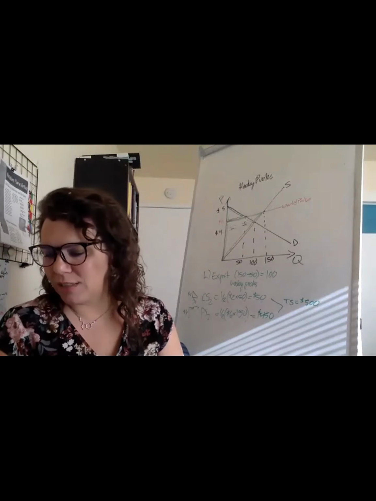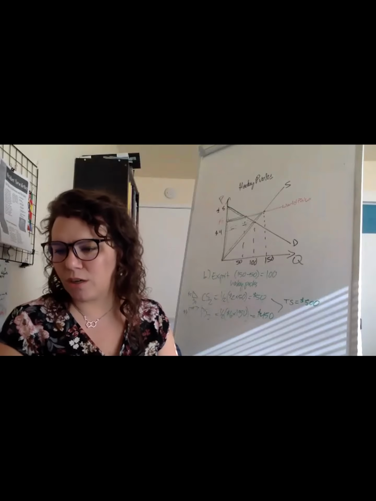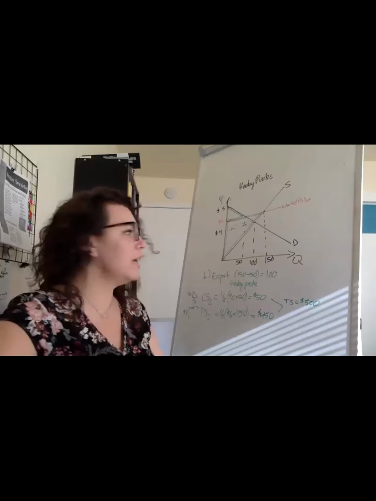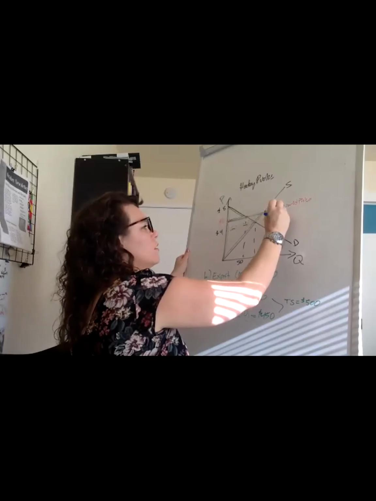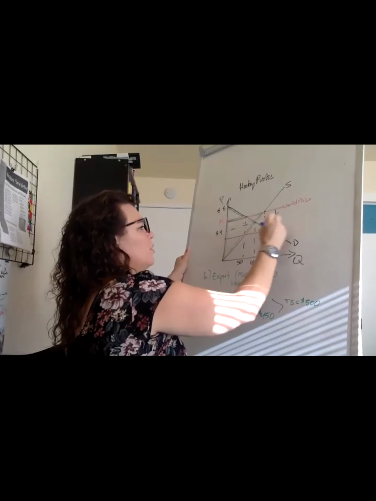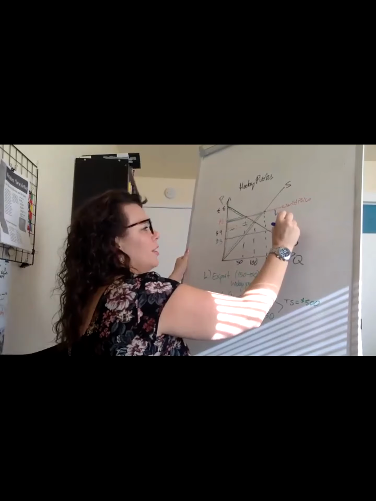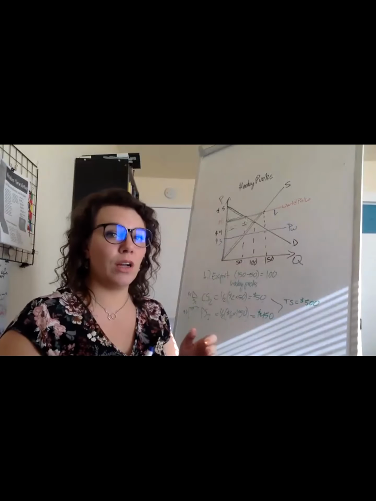The last question asks, what would happen if the world price for hockey pucks dropped to $3? How would that change Canada's market? Well, if the world price went down to $3, this is a really important question, right? We were just talking about it. So if the new world price is $3, is Canada still going to export hockey pucks?